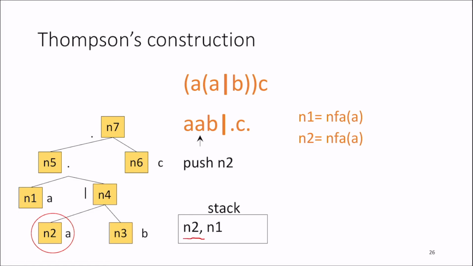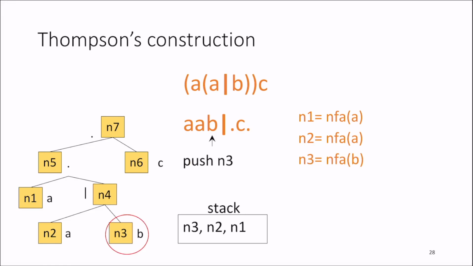So you can see now the top of the stack is N2, the last thing we pushed in. The next thing is we read B, and this leads us to create an NFA for B, which we'll call N3, and we'll push that NFA N3 onto the stack. So now the top of the stack has N3 in it.